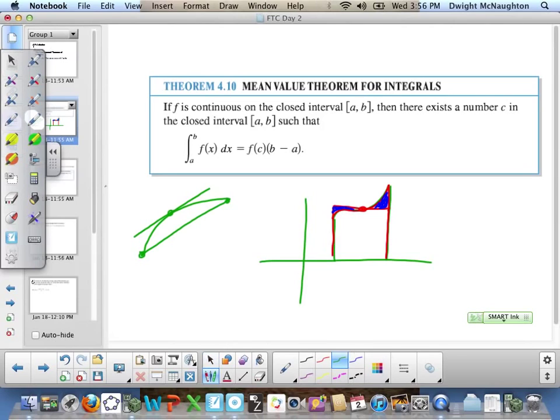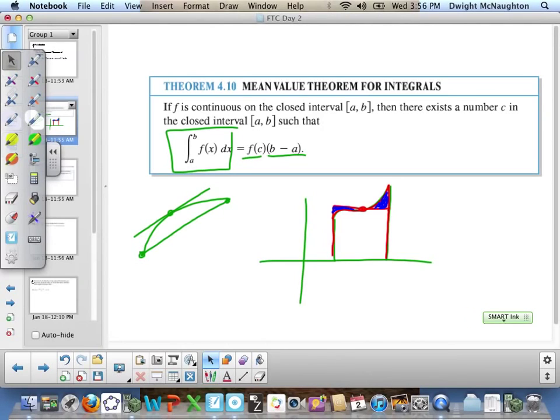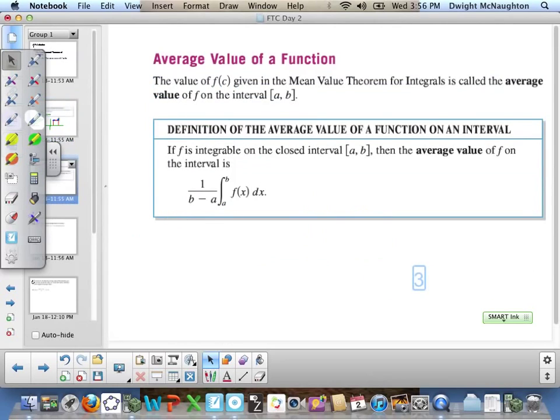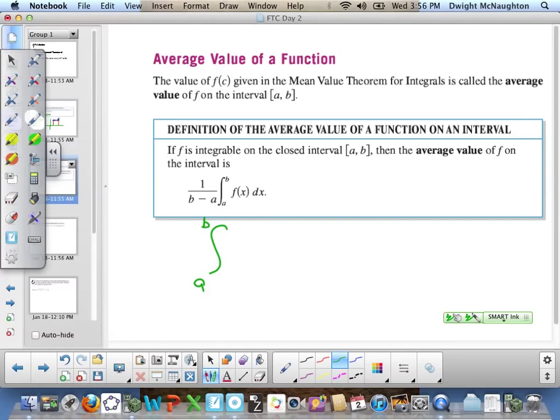Mathematically, we say there is a c such that f of c times b minus a equals the definite integral. And we use that, very useful, for finding the average of the function. We look at the mean value theorem from a to b.